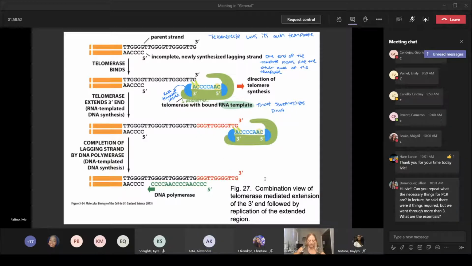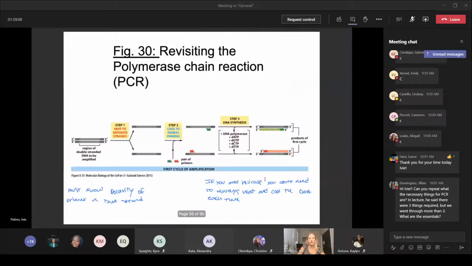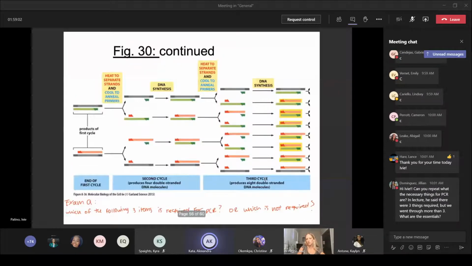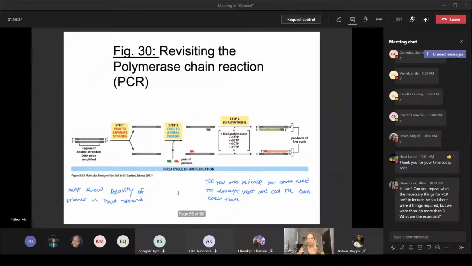Can you repeat what's necessary for PCR? In lecture, he said there were 3 things required, but we went through more than 3. Oh, he was just giving an example of what 3 options could be required. So it would be nucleotides, DNA polymerase, helicase, and a primer. So that's 4.